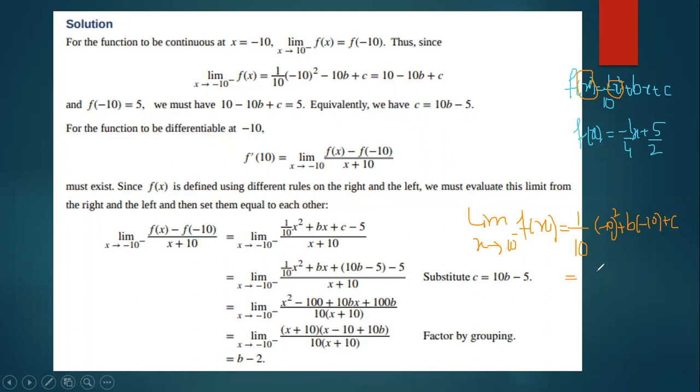So this limit equals 10 minus 10b plus c. This is the value of the function when applying x equals minus 10.